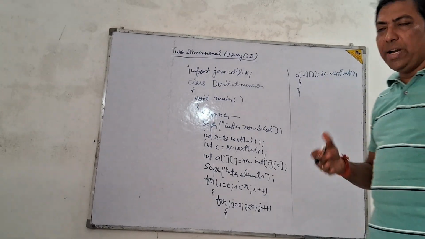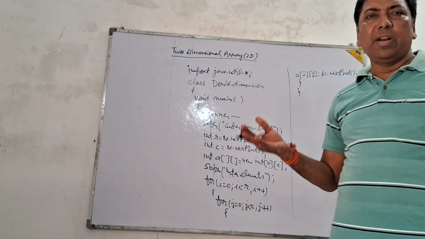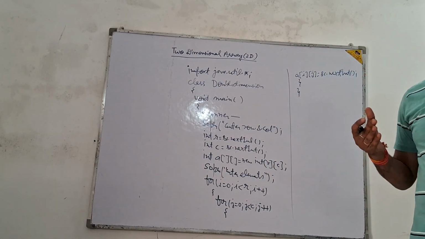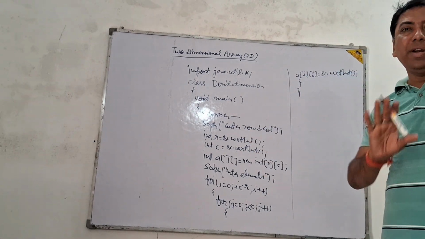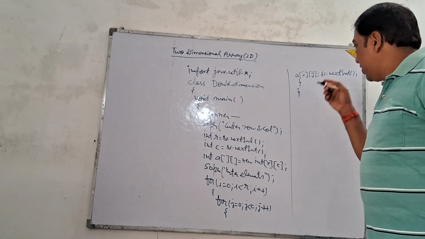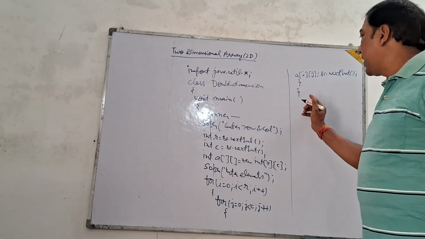Now after input, it depends on what program you want to make. There are many programs in 2D arrays. You may want to print the 2D array as a matrix, print a mirror image, or print the transpose. So up to input, it is common for all the programs. Let us see how to print the original matrix, the original 2D array in the form of a matrix.